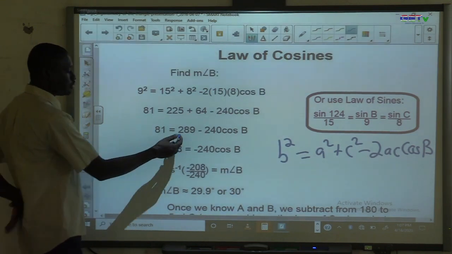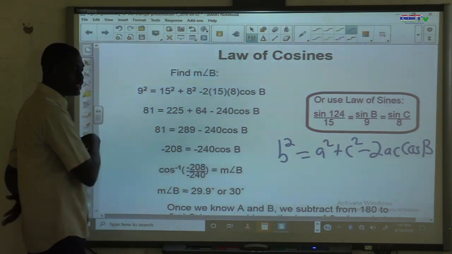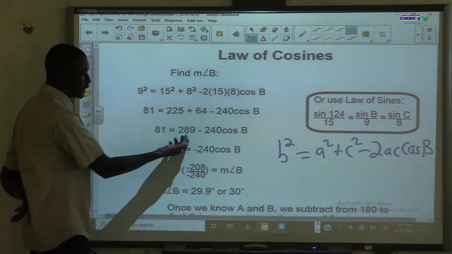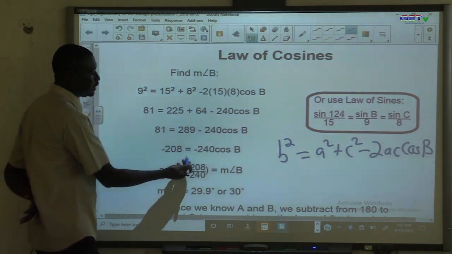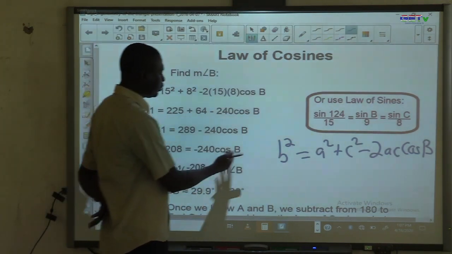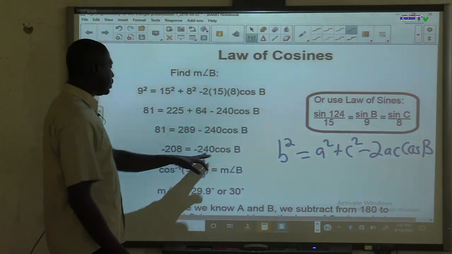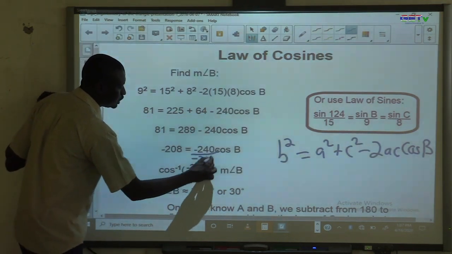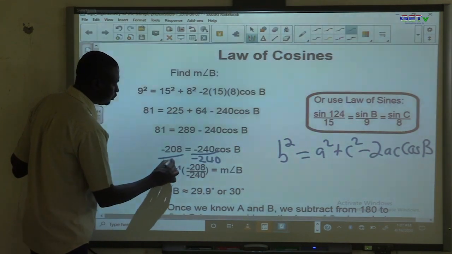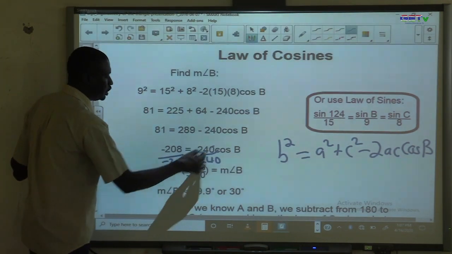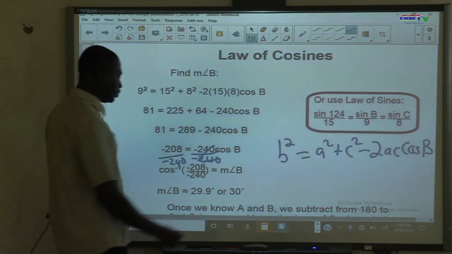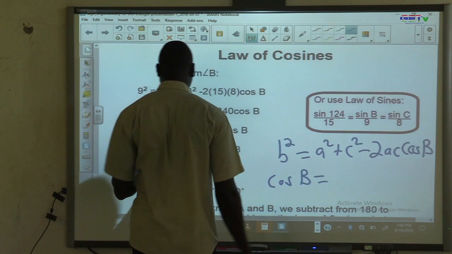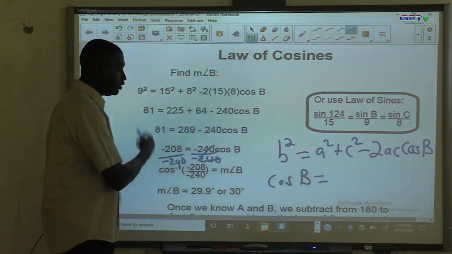So we'll transpose this 289 to the left-hand side and subtract it from 81. That will give us a negative value because this is greater. We'll have negative 208 is equal to negative 240 cos B. And if you divide both sides by negative 240, this will go, so we'll get our cos B. Cos B automatically will be equal to a positive answer, negative, negative will go.